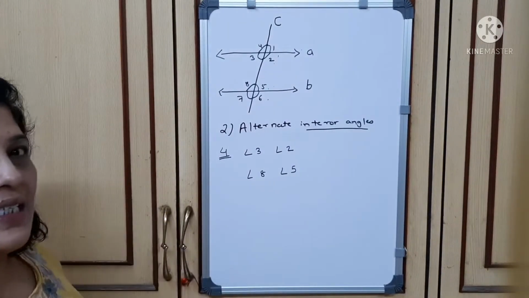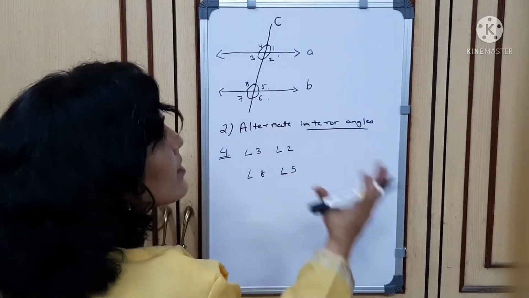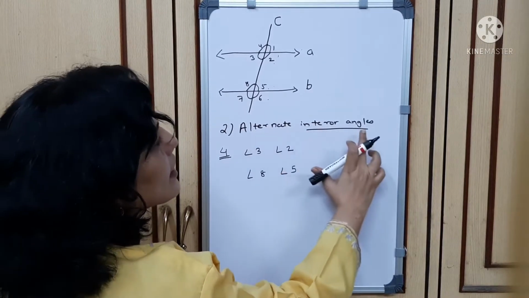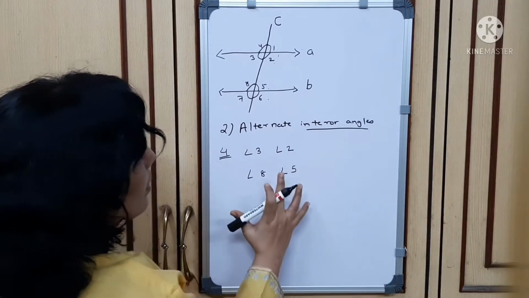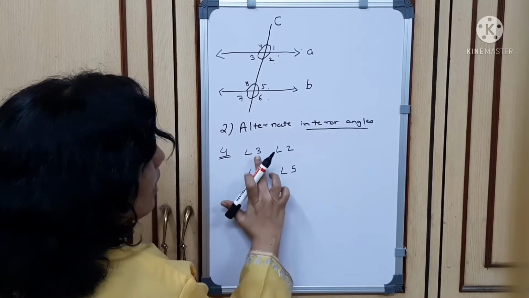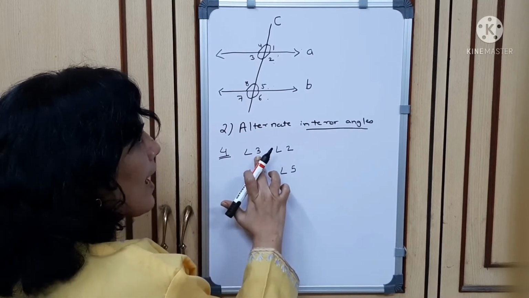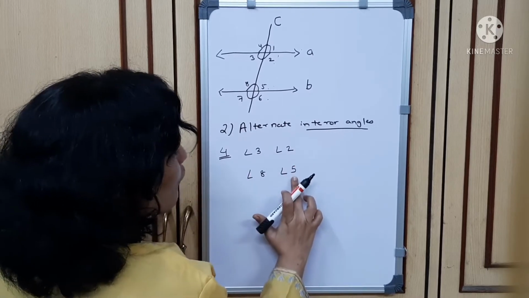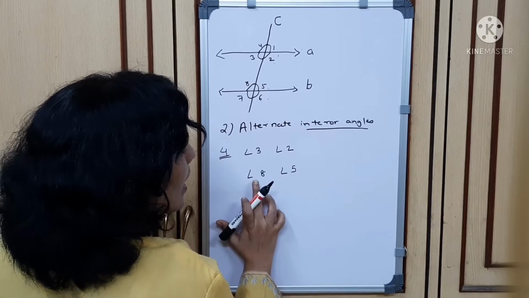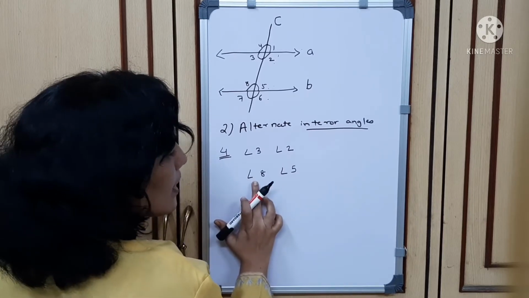Now there is an easy way to remember these angles too. This is alternate interior angles. If I am considering 3, 2, 5, 8, after 3, what is the alternate angle? Angle 5. And after 2, which is the alternate angle? Angle 8.